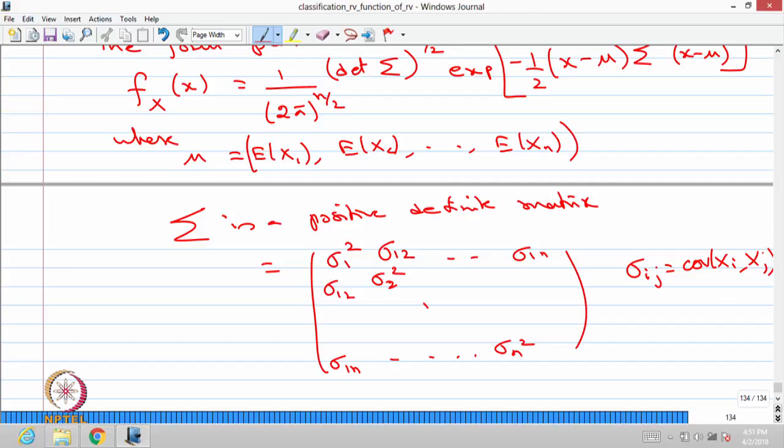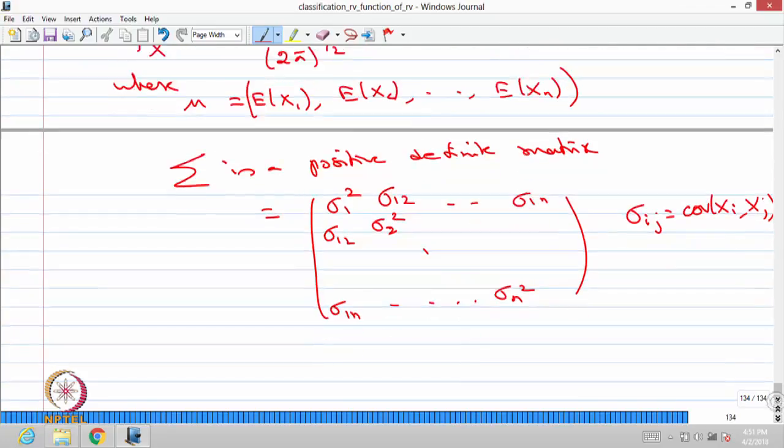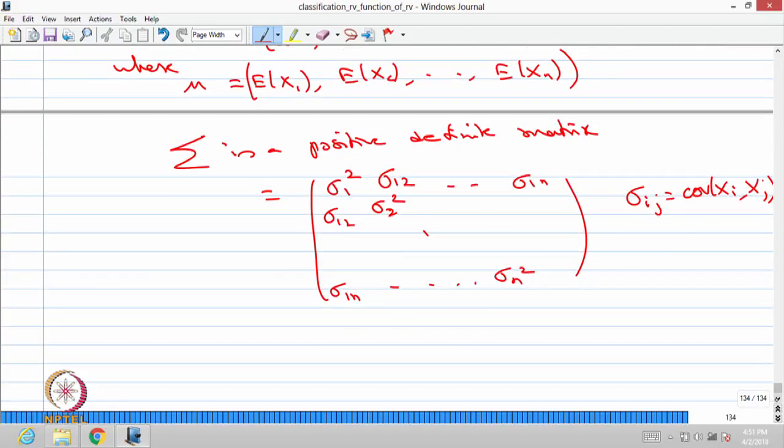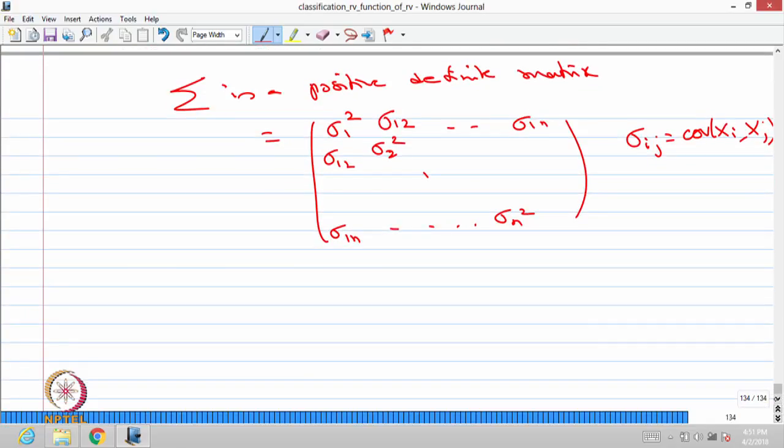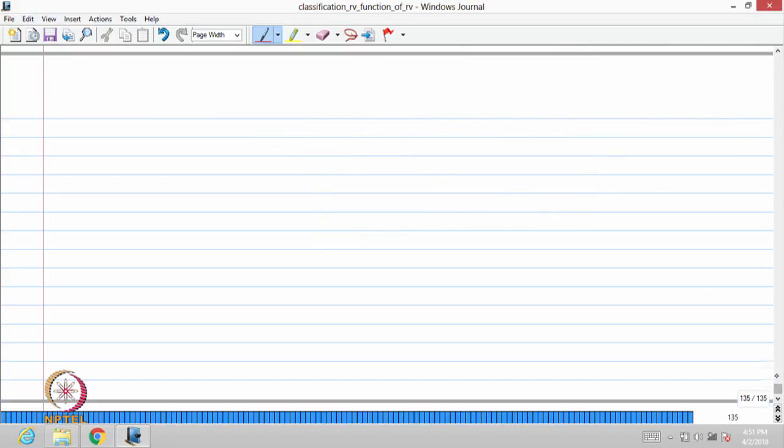When i and j are the same, it becomes the variance of the random variable xi. So the joint probability density function can be written in this form, where mu is the vector, sigma is the matrix, and similarly small x is also a vector.